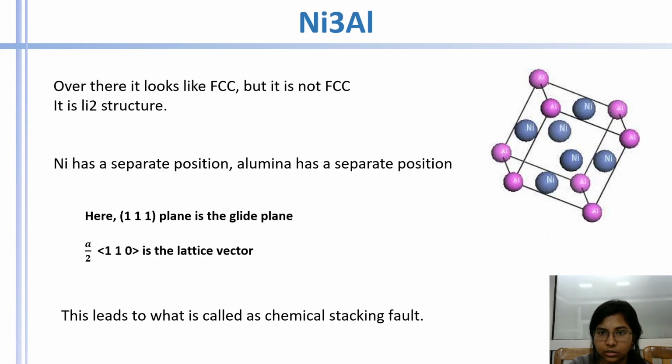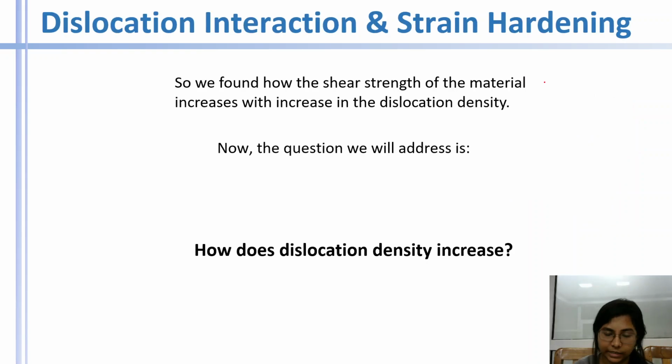So this will be the lattice vector and 111 is the glide plane, right? So this leads to what is called the chemical stacking fault.